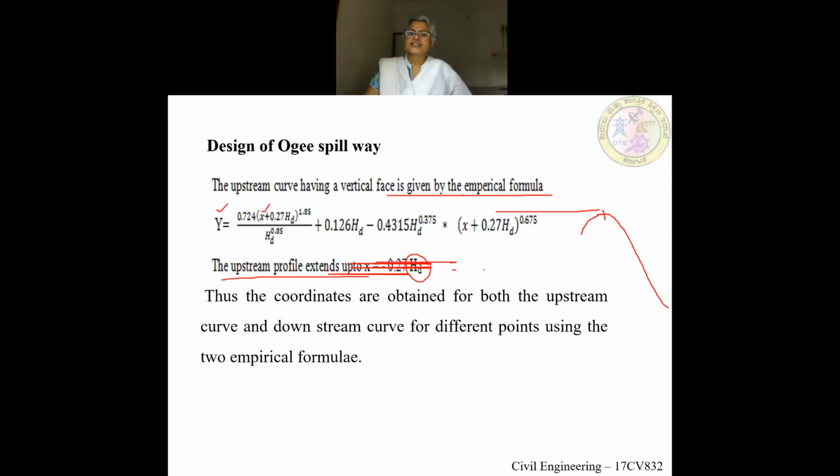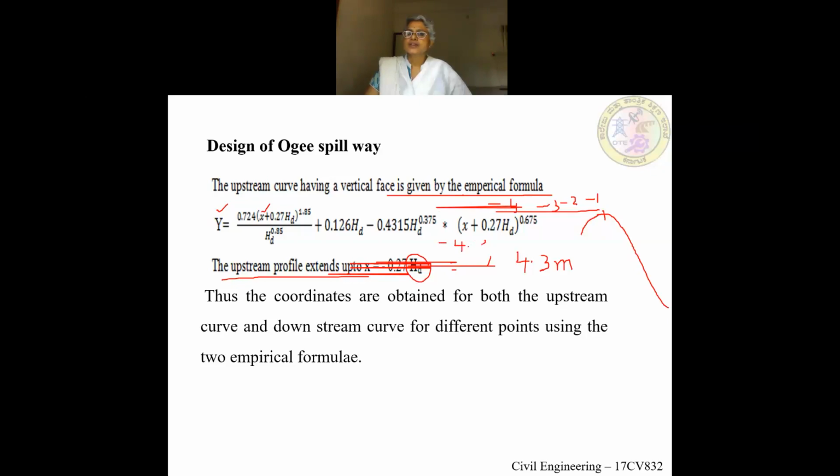Supposing it extends up to 4.3 meters, you start from the origin and put x equal to -1, -2, -3, -4 and -4.3.